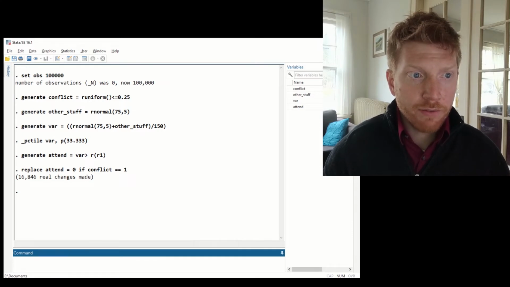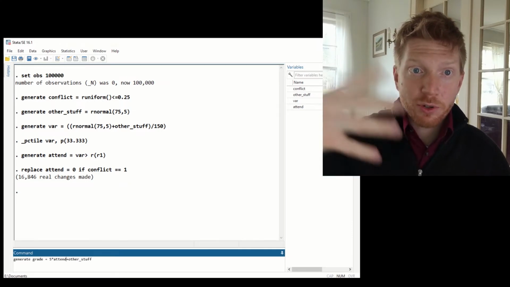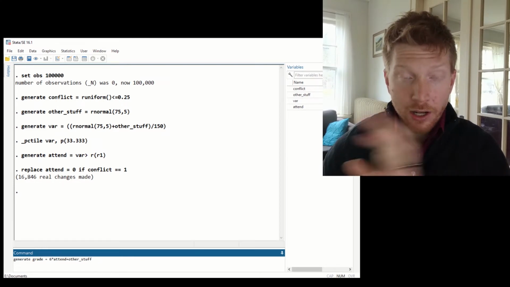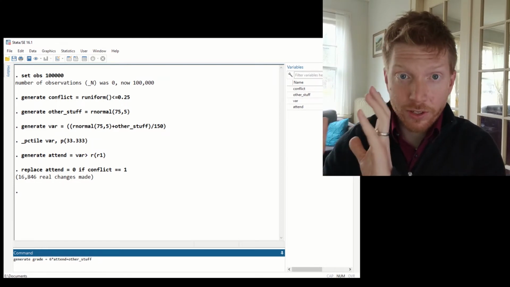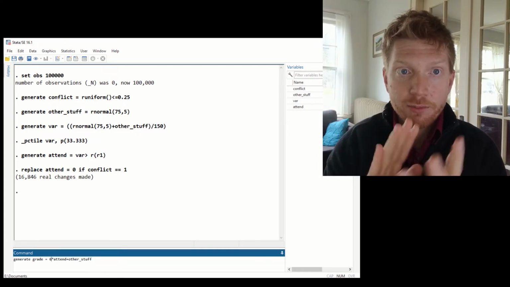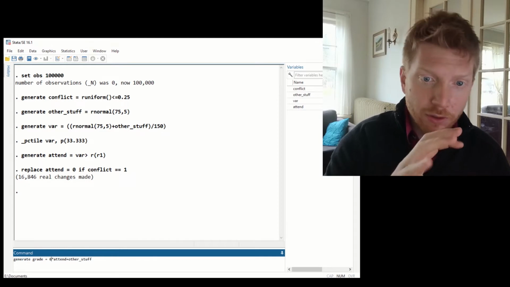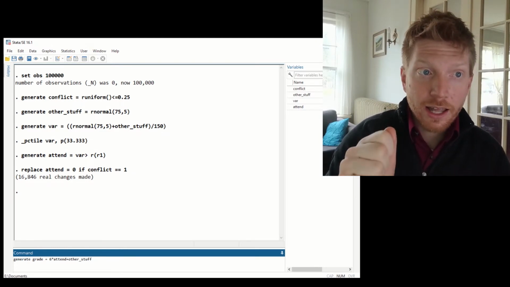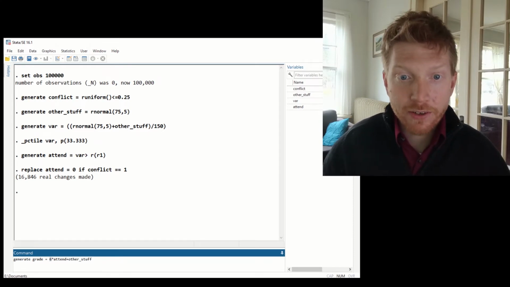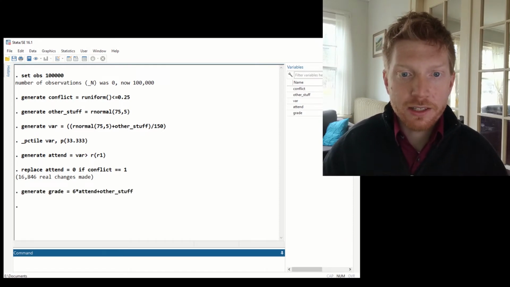The final variable that we're going to create here is your grade. So your grade is going to depend on other stuff, all those other things that we talked about, attendance in class, reading the textbook, doing the labs, and there's going to be programmed in here a 6-point bump if you attend the study session.